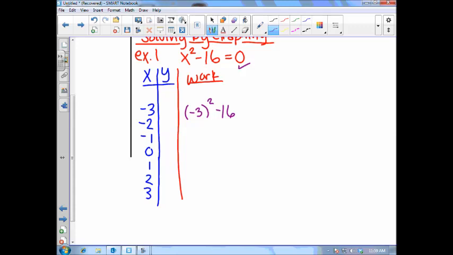It means -3 times -3. So tell me. 9. Okay, and 9 minus 16. What's 9 minus 16? Negative 7. So that's not a solution because it doesn't equal 0. It's a point on the graph, but we're trying to find which points cross the x-axis or touch the x-axis.